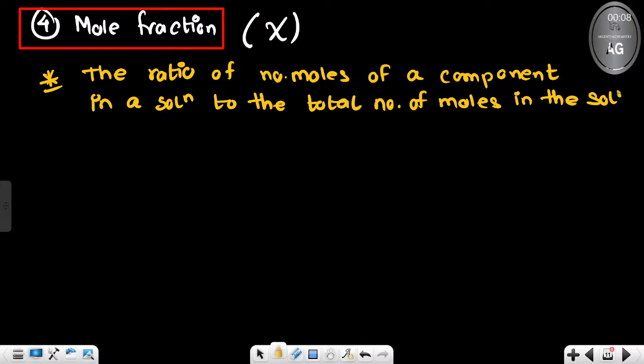I don't know whose mole fraction it is, that is why I am writing a component. Whichever component it is, it will be for that. So the ratio of number of moles of a component in a solution to the total number of moles in the solution. Understood the definition? Although no one will ask the definition, you need to know it. So the ratio of number of moles of a component in the solution to the total number of moles in the solution will be called the mole fraction.